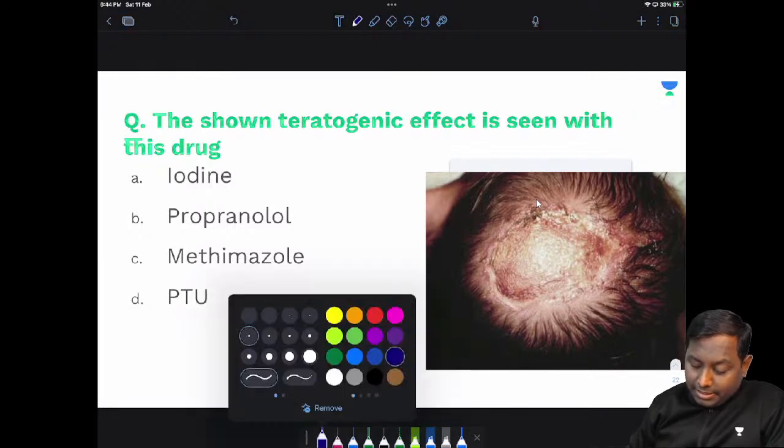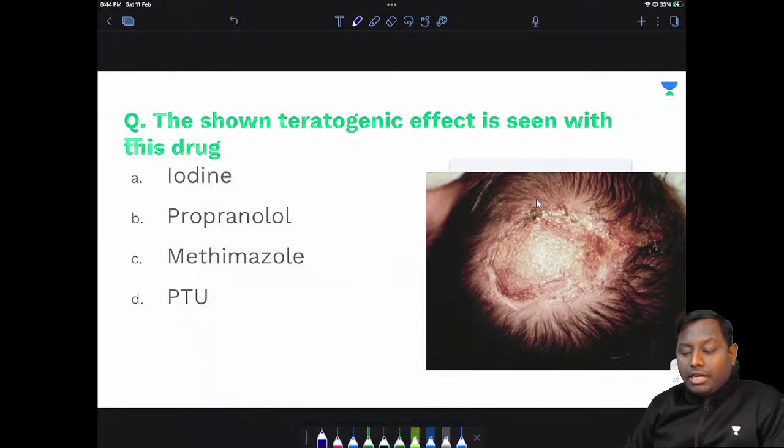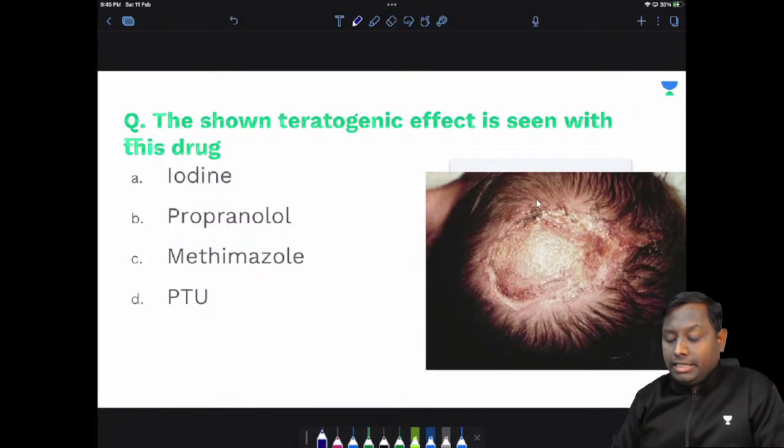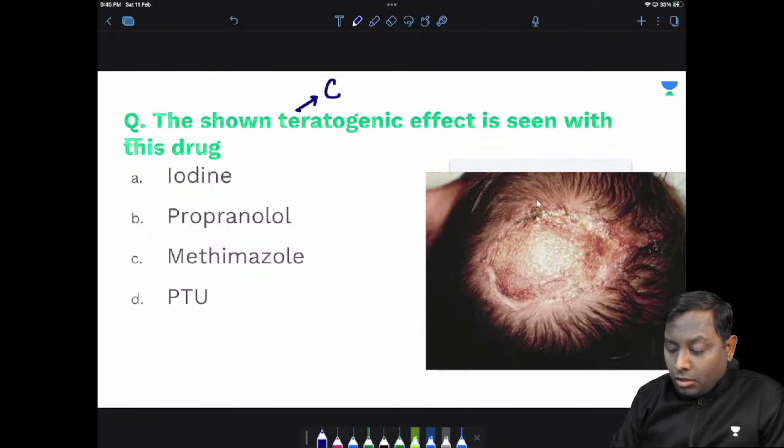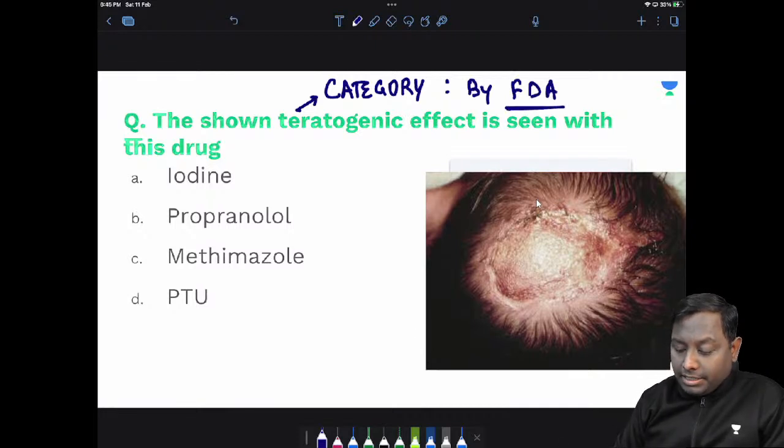Thank you very much. Okay, now the shown teratogenic effect is seen with. Now there are teratogenic drugs. They are coming under what? All the teratogenic ones are given by category. Who has given the category? The category has been given by US FDA. And how many categories do we know?